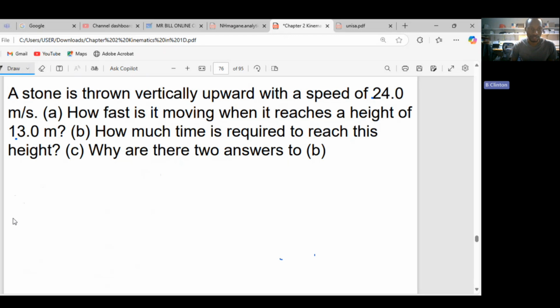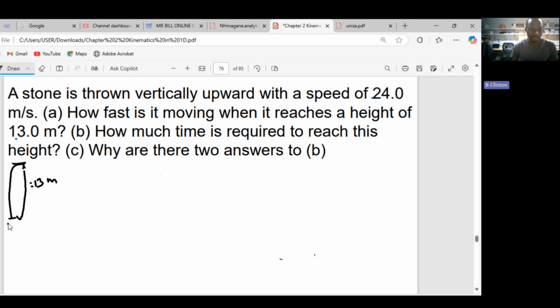Assume that this is the point where the ball starts and the ball is thrown upward until it reaches a height. We're told that this height, from that point to this point, is equal to 13 meters.